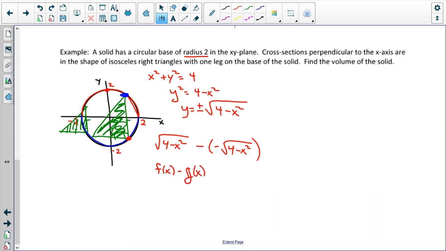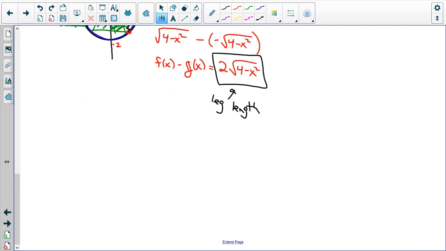That's an ugly looking g, but f of x minus g of x is going to be 2 times root 4 minus x squared. So this is going to be the length of each leg. So that's important that we know that that's the leg length.